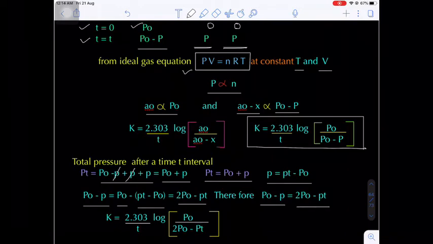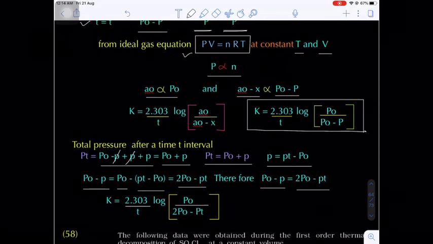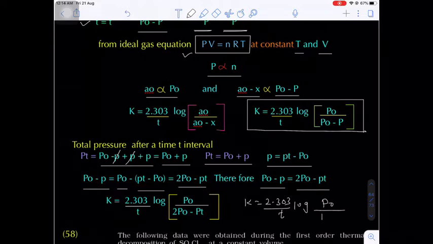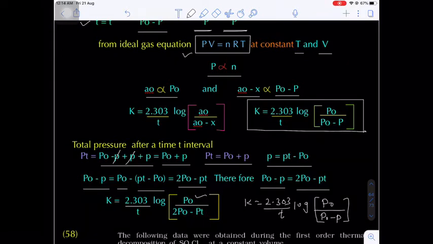Therefore, the P0 minus P value is 2P0 minus Pt. If you see the above expression, K is equal to 2.303 by T log of the initial partial pressure of reactant P0, and at a certain time interval T, the partial pressure of reactant is P0 minus P. Instead of P0 minus P, I am writing 2P0 minus Pt.